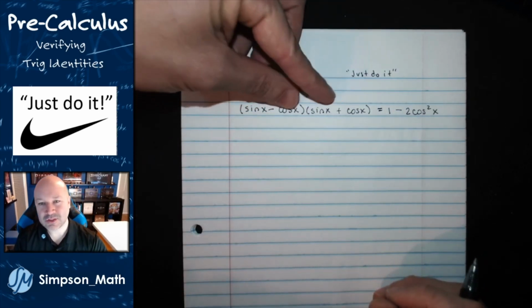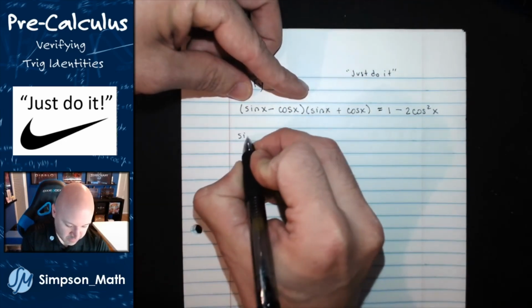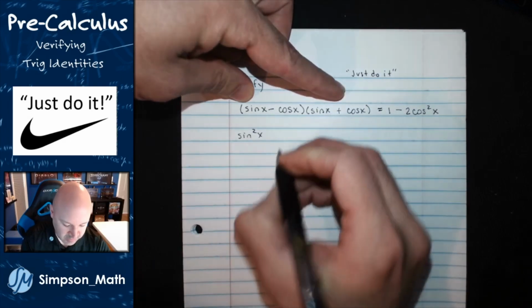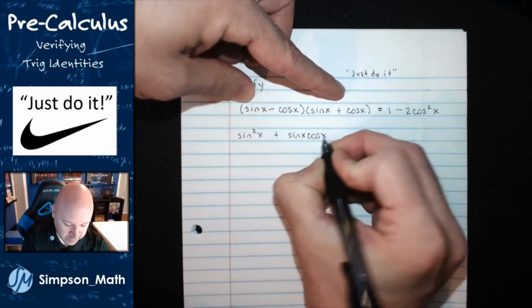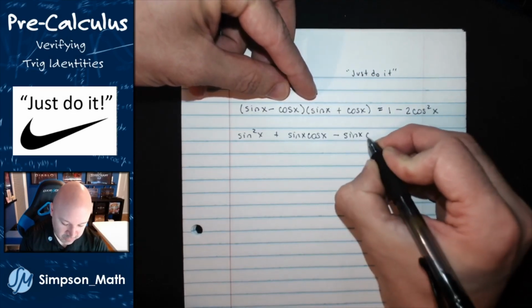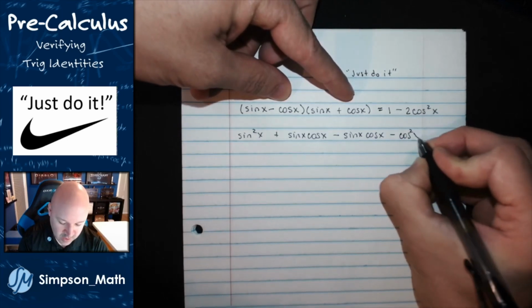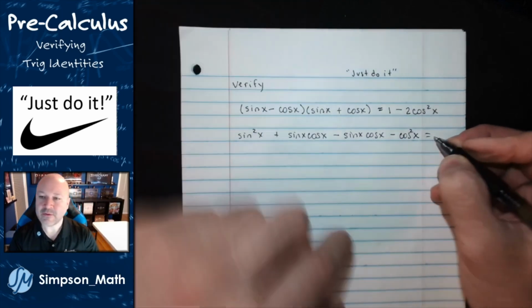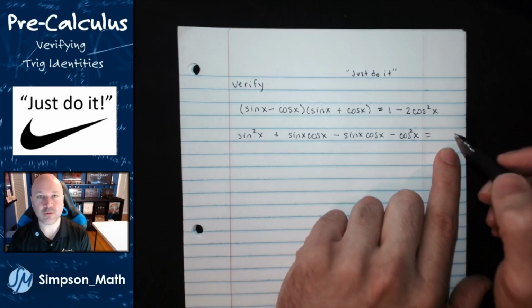I'm doing just distribution. So I have sine times sine is sine squared. Sine times cosine is just that, sine cosine. Then I have a minus sine cosine. And then I'll have a minus cosine squared x. Now I've kind of run out of room over here, but this is a common thing I will do.